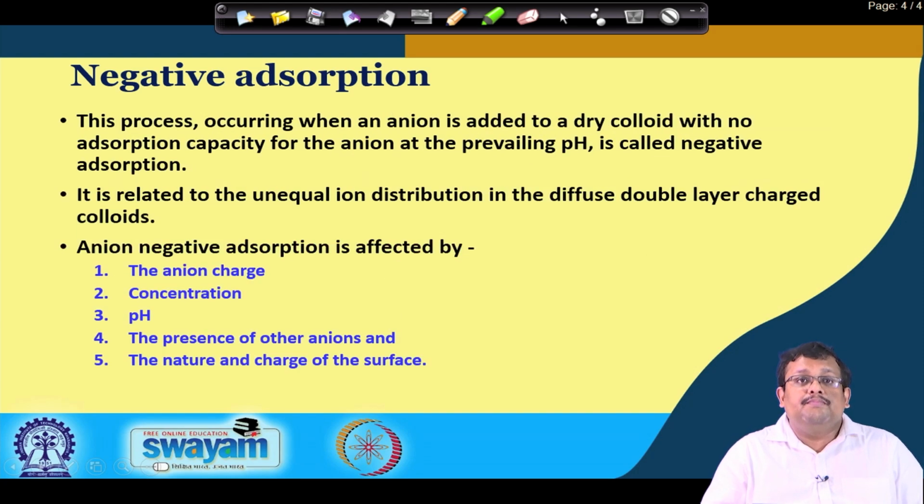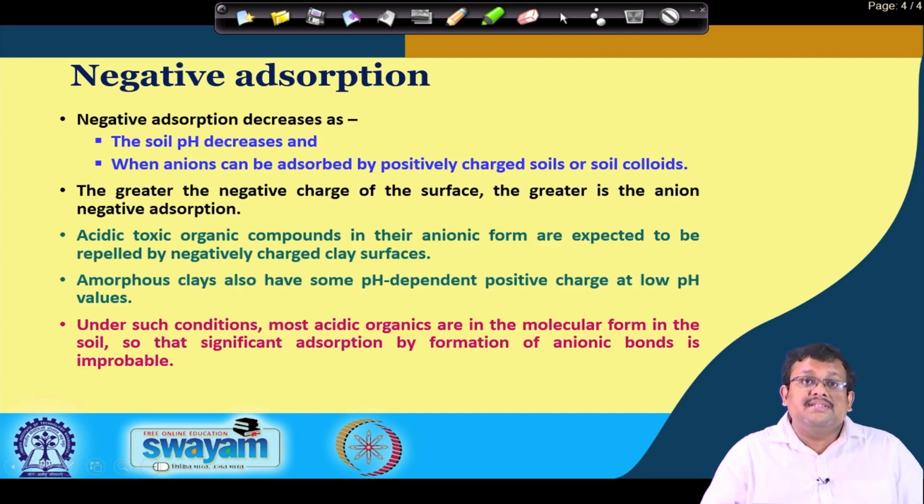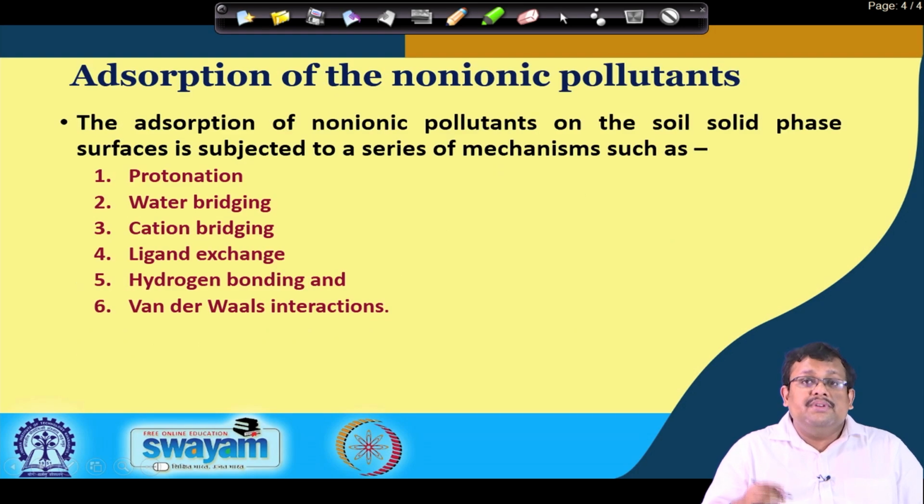Then we also talked about the factors which affect the anion negative adsorption. For example, the anion charge, concentration, pH, the presence of other anions, etc., the nature and charge of the surface. And so, we discussed in detail the negative adsorption.